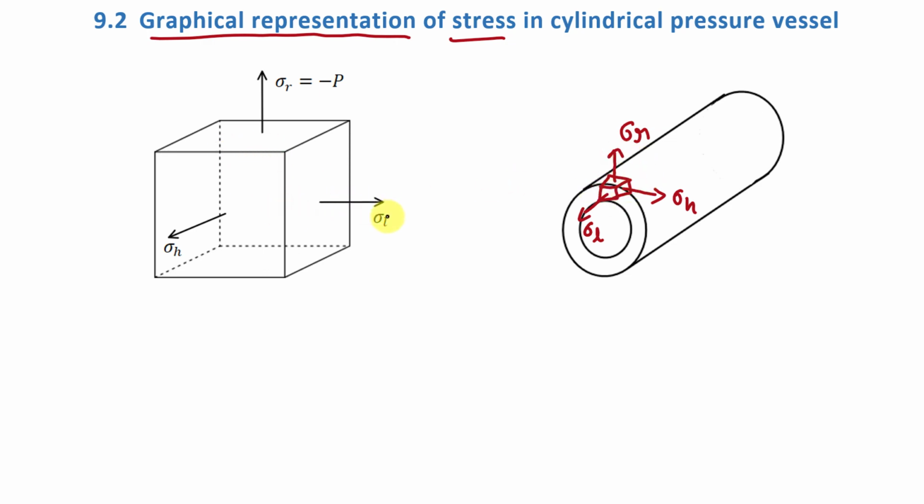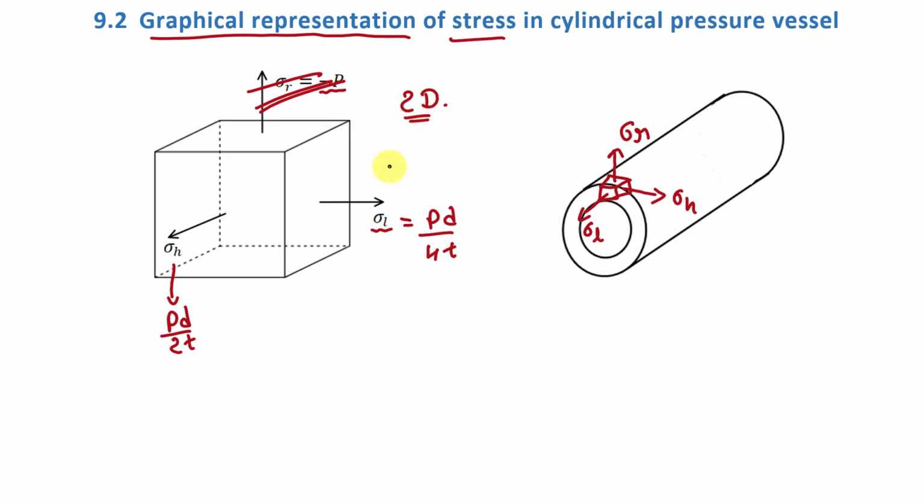Here we have stress sigma L, having value PD by 4T, the hoop stress having value PD by 2T, and the radial stress having value minus P. As we know, for a thin cylinder we neglect this radial stress. So actually we have a 2D loading condition on the body.